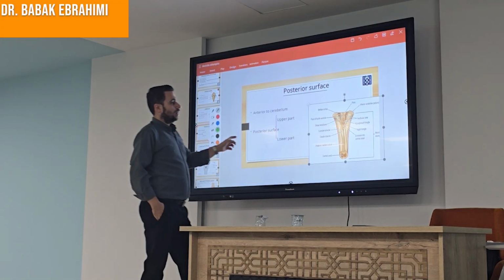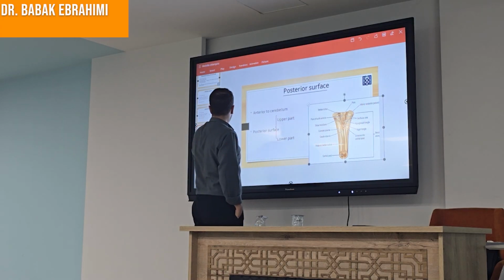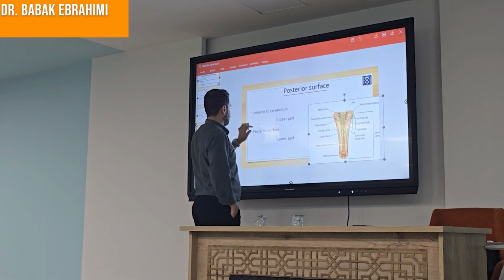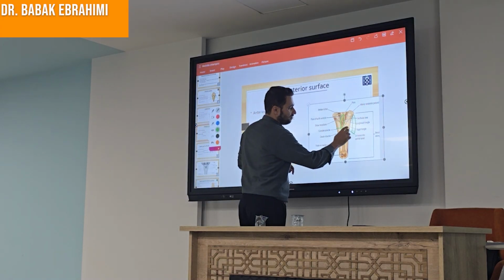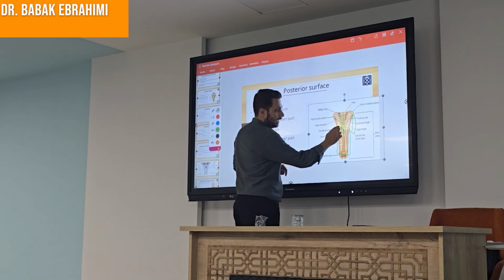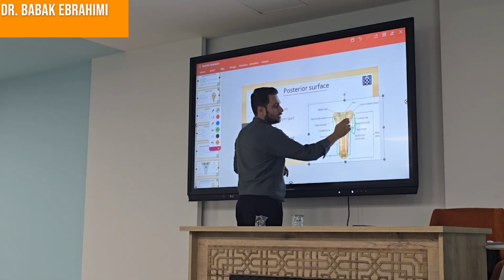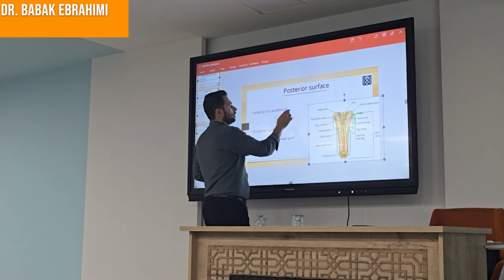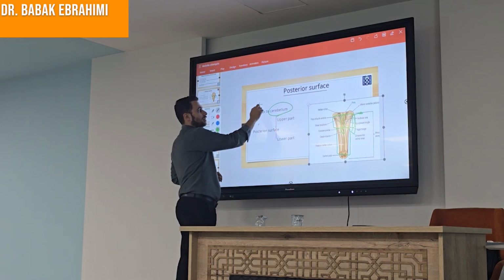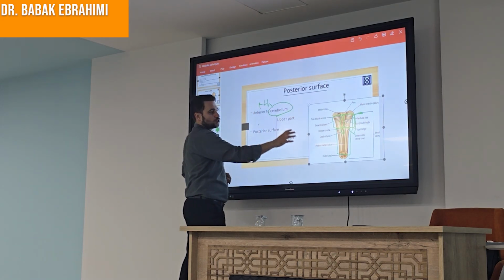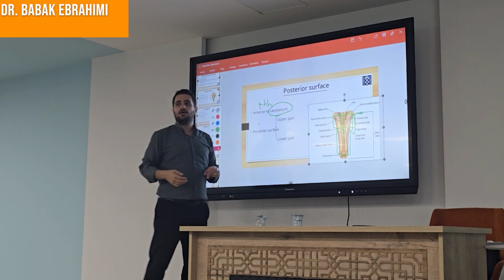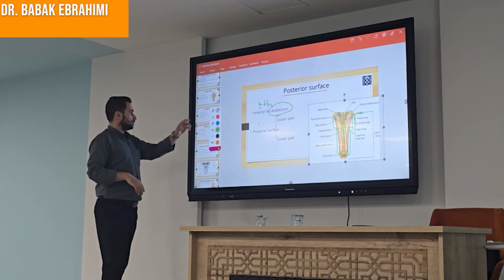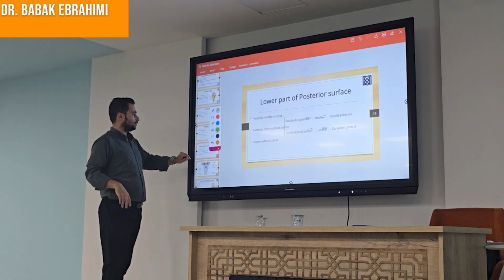And look at here. We have a closed part and an open part. The open part is in relation to the cerebellum and makes the fourth ventricle. The closed part has another function that I will tell you. So this is the posterior surface.